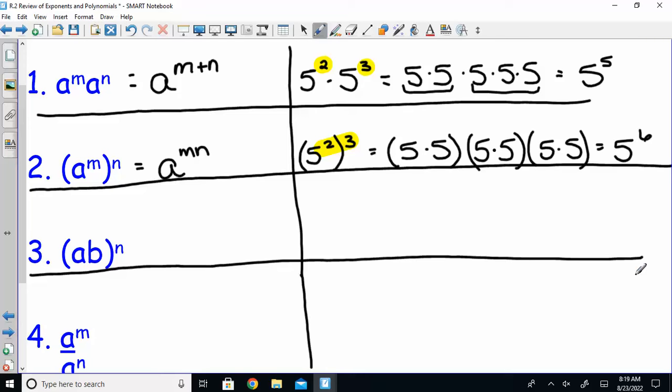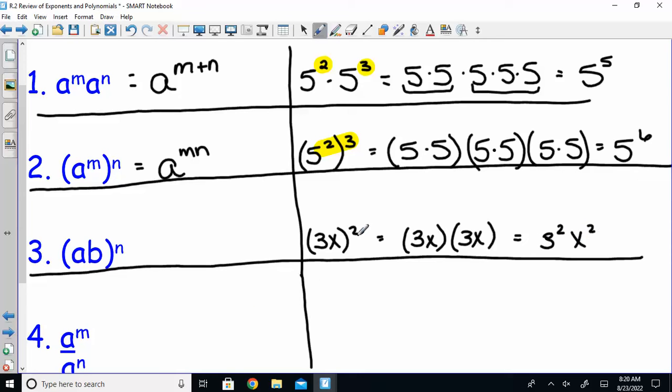So ab to the n power. What if I wrote 3x squared? You have 2 there. Alright, we have what's inside my parenthesis twice. So we end up with 2 3s and 2 x's, or 9x squared.